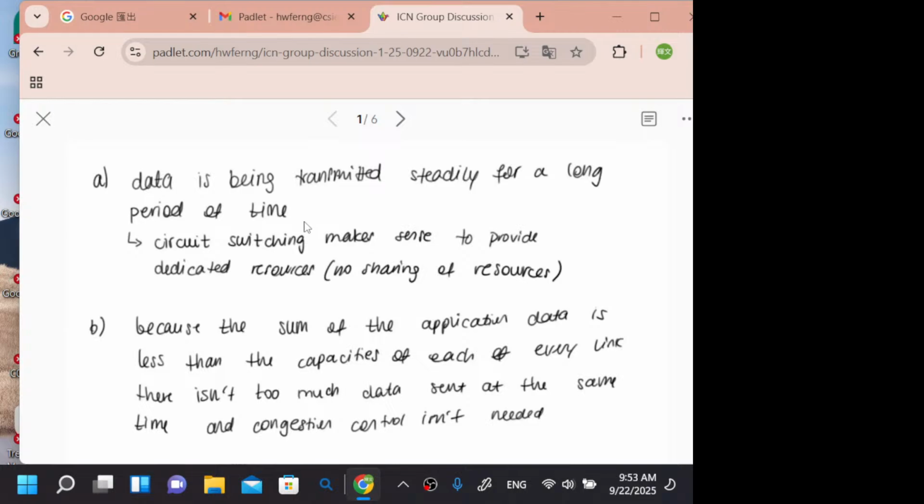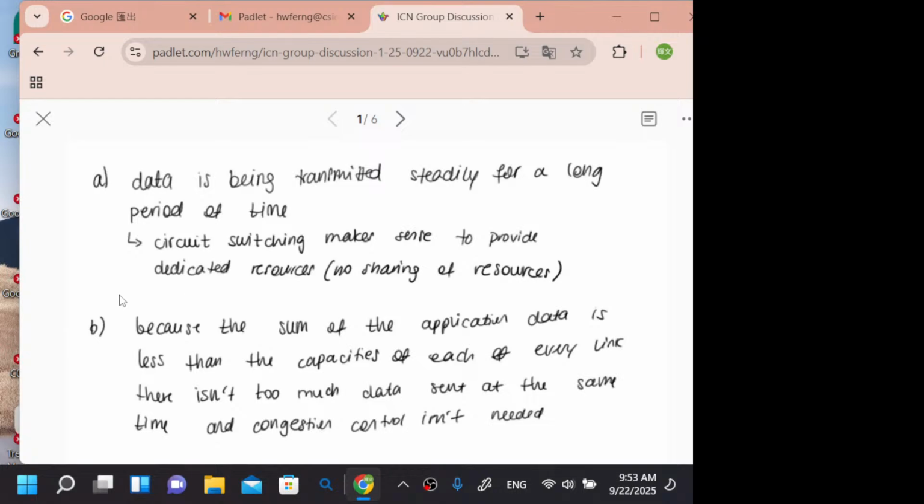So basically, when we were looking at the exercise, we thought that, I'm going to read it out, data is being transmitted steadily for a long period of time, which would make sense to use circuit switching, because it provides a dedicated resource, which means there's no sharing in resources. So yes, for a steady transmission, it makes sense to have a dedicated resource.